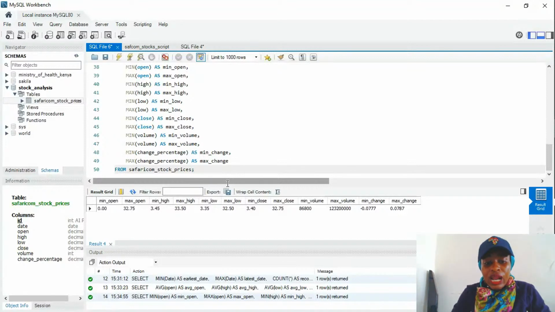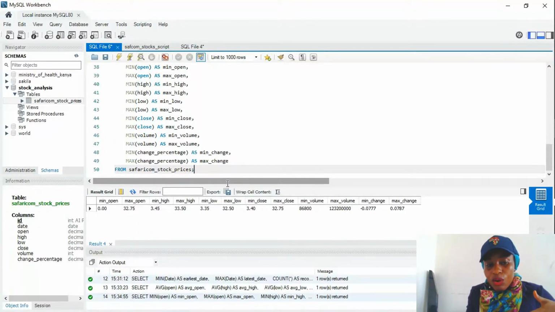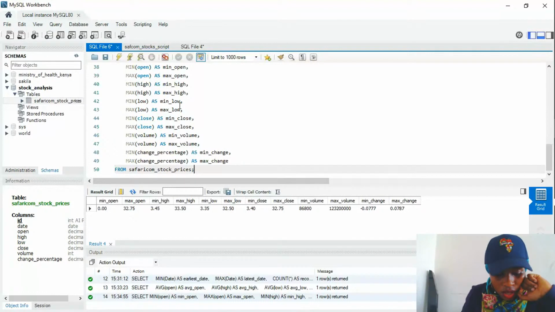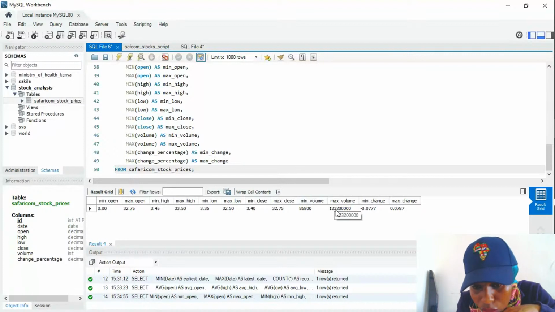And you can look at these and you can counter check this with the averages, and it can really tell you that there's quite a high volatility in these prices by just looking at how these minimum and maximum prices are deviating from the averages that we had. So we move on to the next statistics that we want to look at. And of course, here we have the minimum traded volume, and then the maximum trading volume is this 123 million.